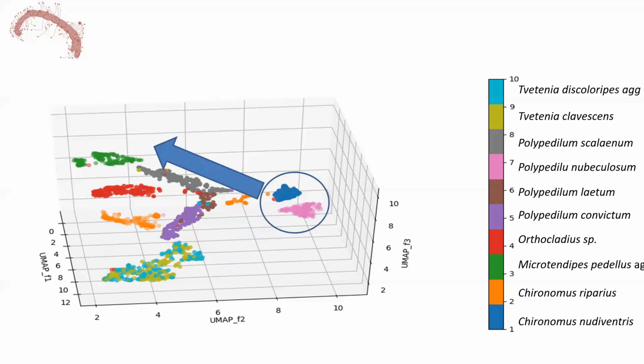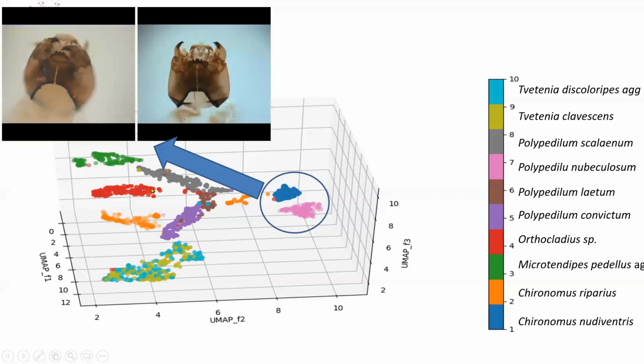The second interesting thing was the similarity recognized by betaVAE between two completely different species from different genera, Chironomus nudiventris and Polypedilum nubeculosum. What was similar between these two species is the submentum region, which is colored in both species.